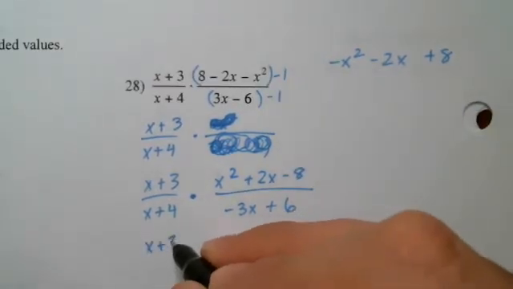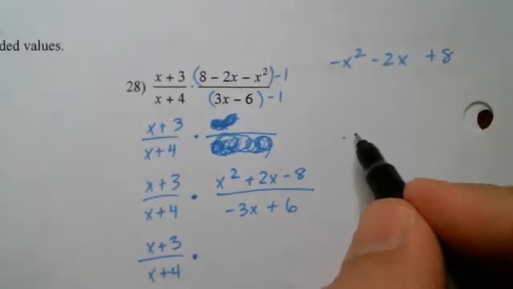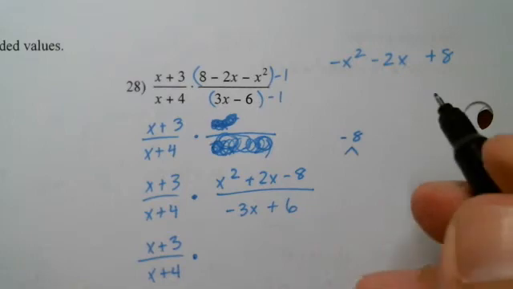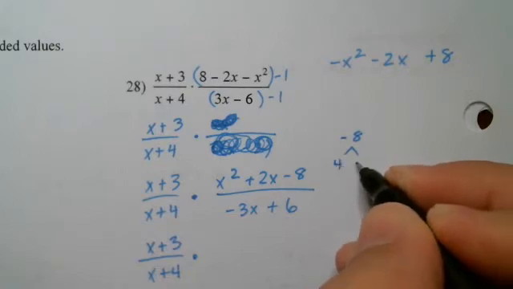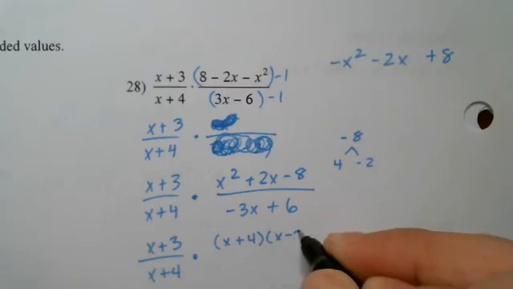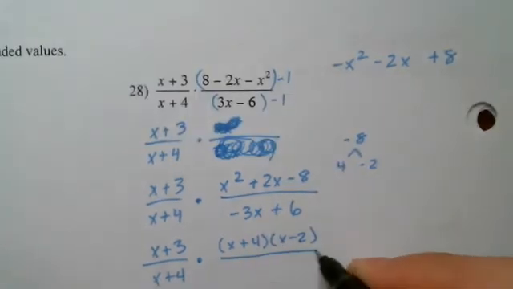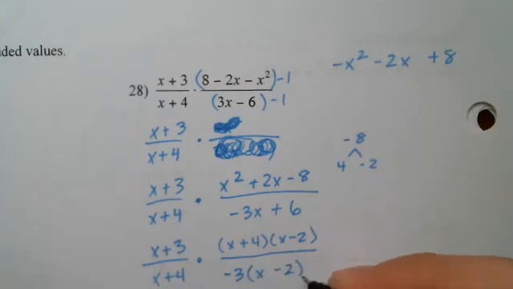Now let's factor everything. X plus 3, x plus 4, times what will multiply to be -8 but add to be 2? 4 and -2. So I got x plus 4, x minus 2, all over, factor a -3 out, and I'm left with what? X minus 2?